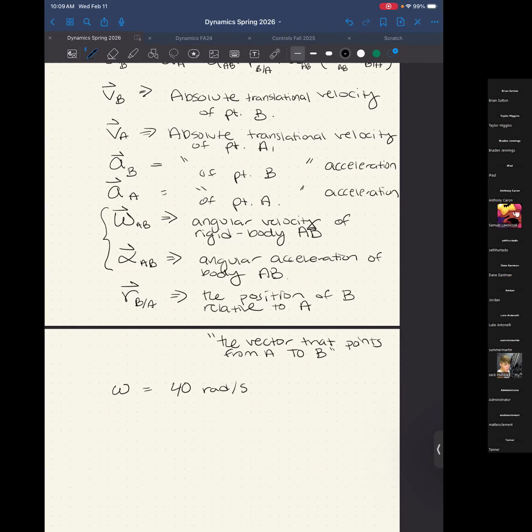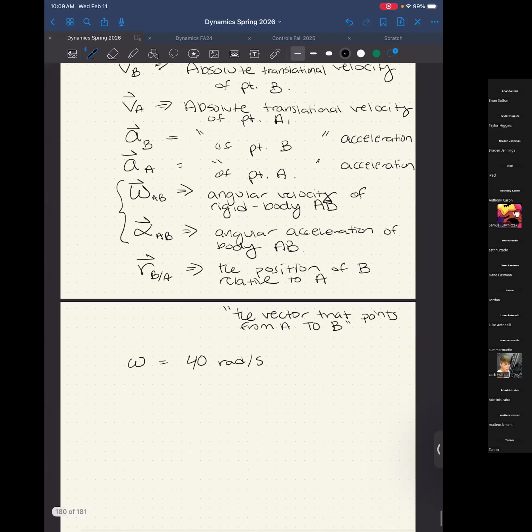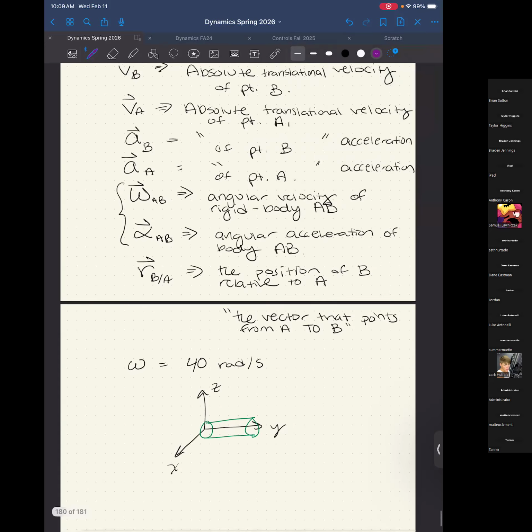Right hand rule. Okay, so right hand rule is usually when we're given a set of axes and we're told, like maybe I have a cylindrical body, or it's drawn in the picture that omega is going like this, then I can visually do my right hand rule.